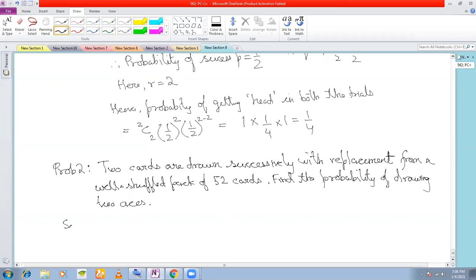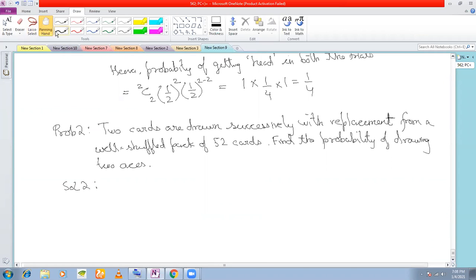Okay, so now focus on the question. First of all, let's see how many trials are there. Two cards are drawn successively. How many trials? Two trials, right? Because two cards are being drawn. Now what is the question here? Which one is a success? The question is probability of drawing two aces. That means in each trial you are drawing an ace.